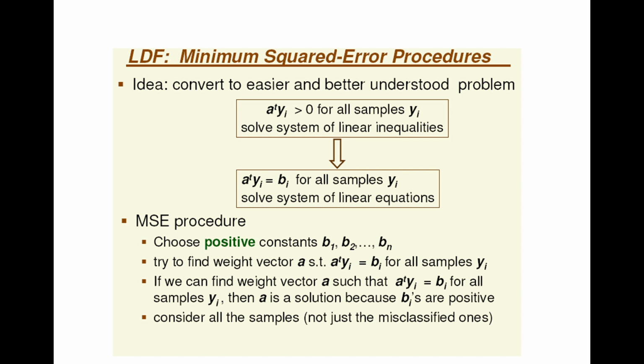I should draw the line in such a way that the error, or the distance from this particular point to this classifier, should be minimum. That's what you mean by the minimum squared error procedure. So you will have to adjust this in such a way that the error from this point to the classifier should be minimum.